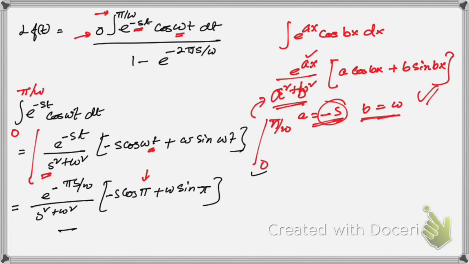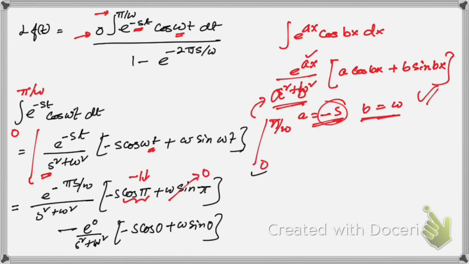So minus, then put the lower limit, e to the power 0, that's going to be 1, by s square plus omega square. Putting 0, you will get cos 0 and sin 0 also. So we know cos pi is minus 1, and sin pi is 0, so sin 0 is also 0, and cos 0 is 1, right?